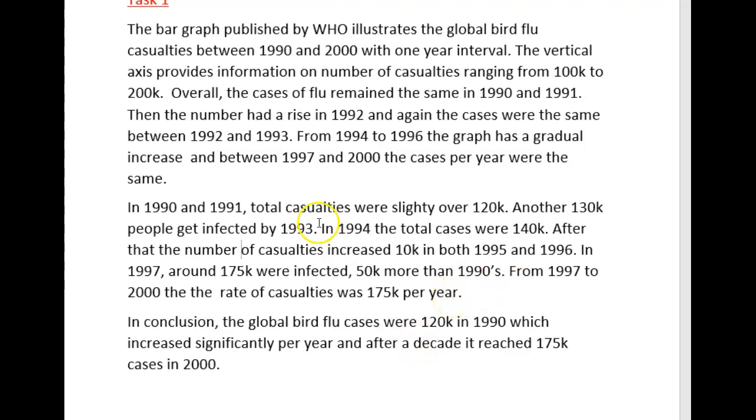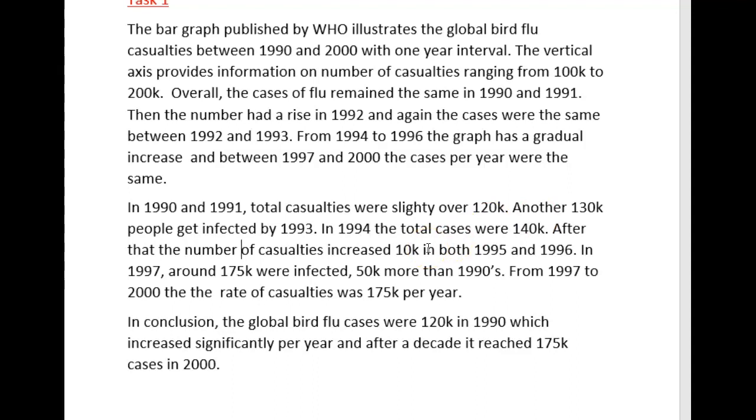Another 130,000 got infected. Yeah, so you're just going year by year, you're saying 120, then 130, and then 140. So do something else with it. You can say something like, in the following year, an additional 130 were infected.